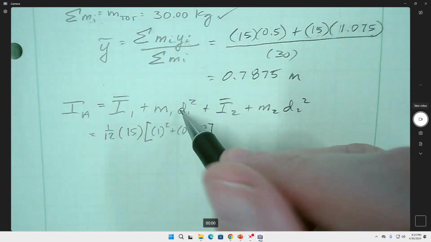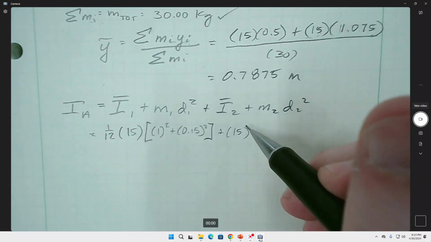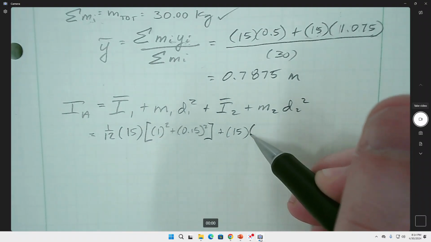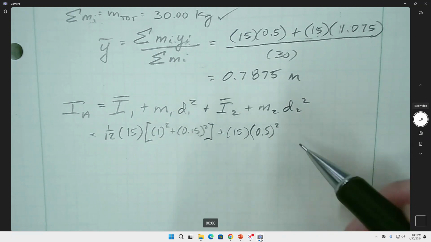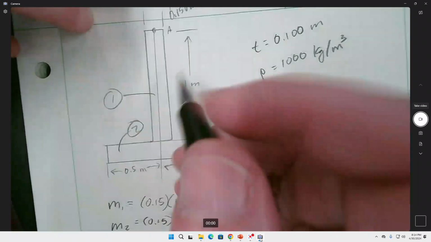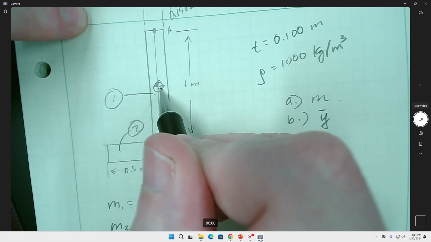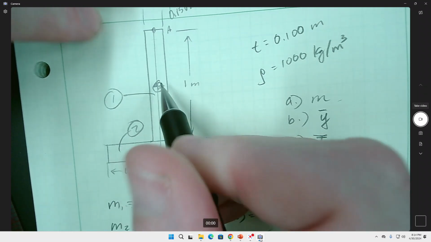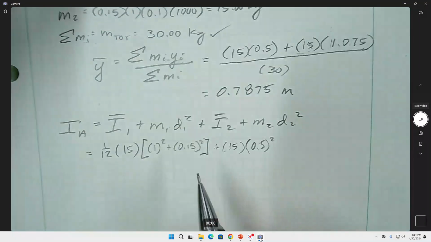Okay, now we have to move the thing, so it's going to be the 15, but we're going to have to move it 1/2 of its length, or 0.5 squared. Because we're moving the center of mass to that spot. This is the moment of inertia taken about that spot, but we're moving from here to right there, so 0.5. So that's what we've just done right here.